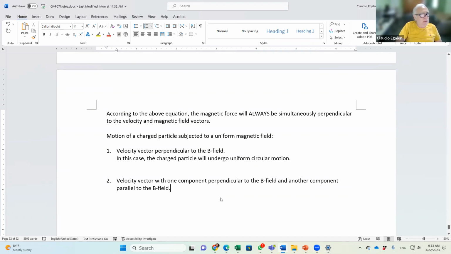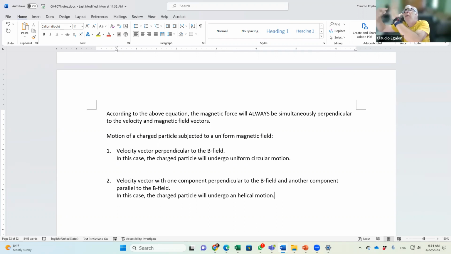It's still going to be kind of similar, but it's not exactly the same. In this case, the charged particle will undergo a helical motion. It's still a uniform circular motion, but the plane of the circular motion is moving with that component of the velocity vector.